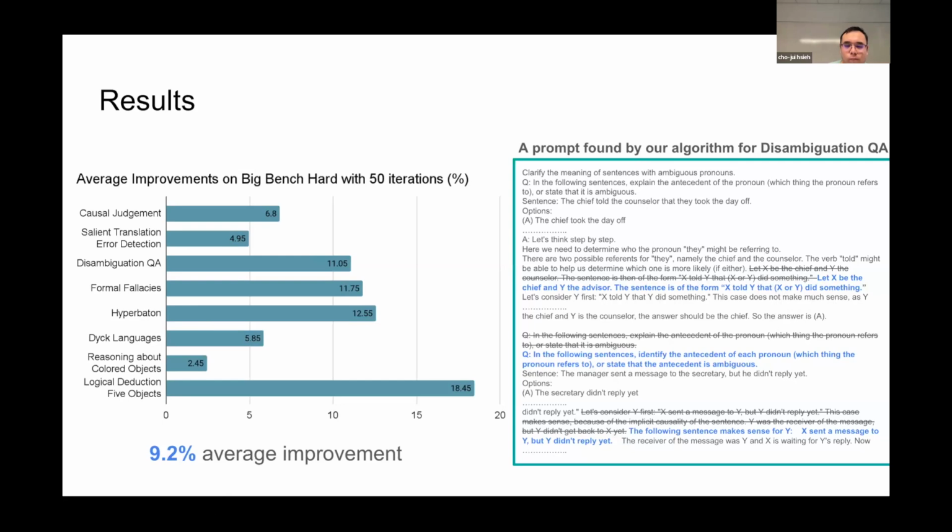Also, one more clarification question. Is the rewriting language model the same as the actual language model which is getting tested, or is it different? That's a good question. We found the rewriting model has to be stronger. You can use the same one, but it's better if the rewriting model is a larger, good LLM. Does it need to be from the same family of models?